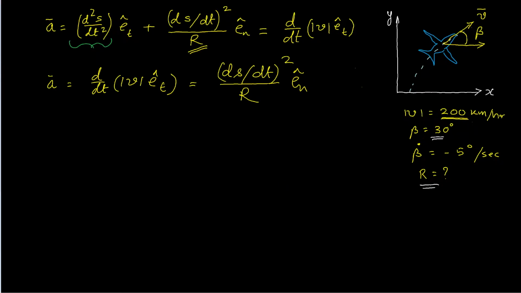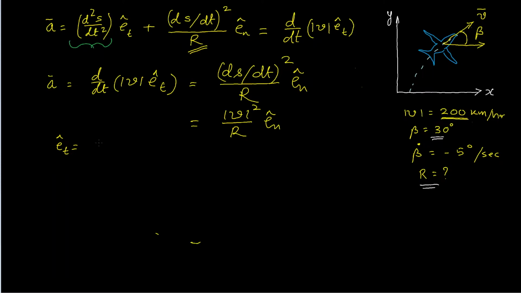Now, because we know et as a function of time, we will see why I'm saying this. Before that, we can simplify this by replacing it with v mod squared over r, en. And because we know beta and beta dot, we can calculate et and en and their time derivatives. Let's try to write them. What is et?